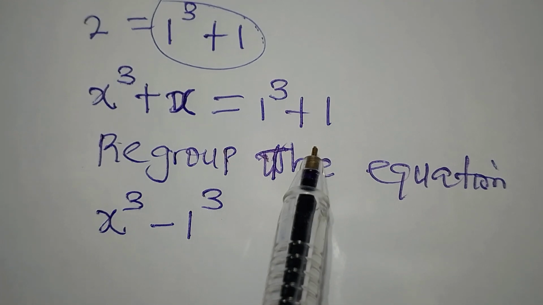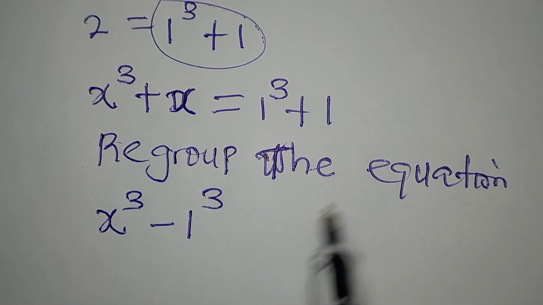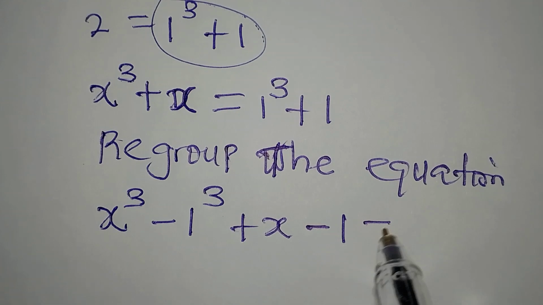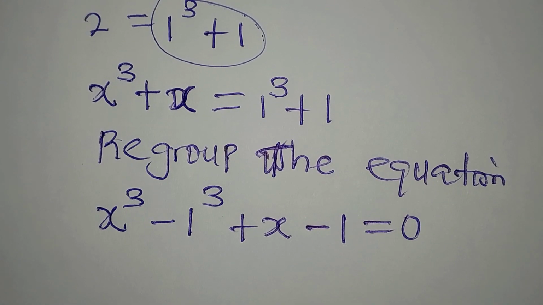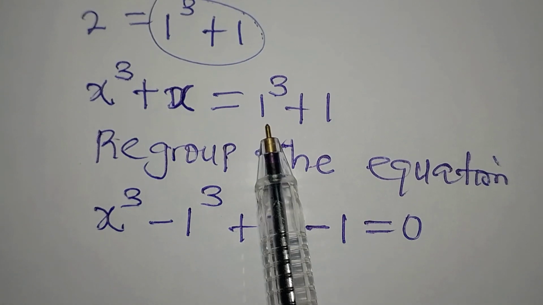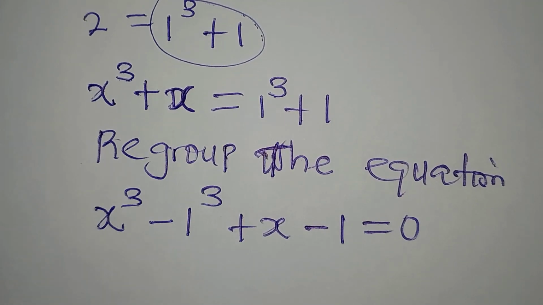Then we'll now have the other, which is x over here, plus x minus 1, and then everything is equal to 0 because the terms on the other side have been shifted to the left.